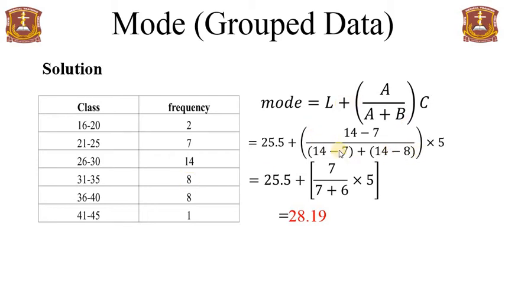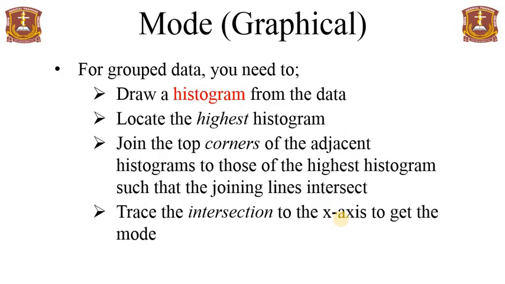Then you multiply by the class interval, which in this case is 5. If you look at what we have from the lower boundary to the upper boundary, that will give us the class interval. Doing this calculation and adding it to this, we end up with 28.19 as the estimated mode of this grouped data. It is that simple, and we need to understand.